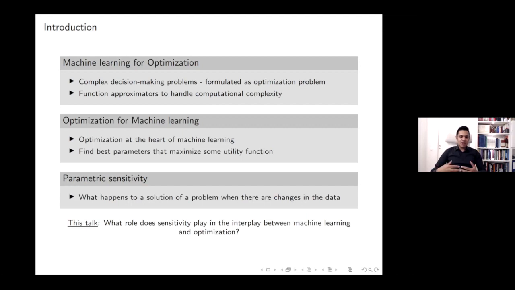This is commonly studied in the context of parametric sensitivity or parametric optimization problems. In this talk, I would like to say a little bit more about the role of parametric sensitivity. How can we use the concepts from parametric sensitivity in this interplay between optimization and machine learning?